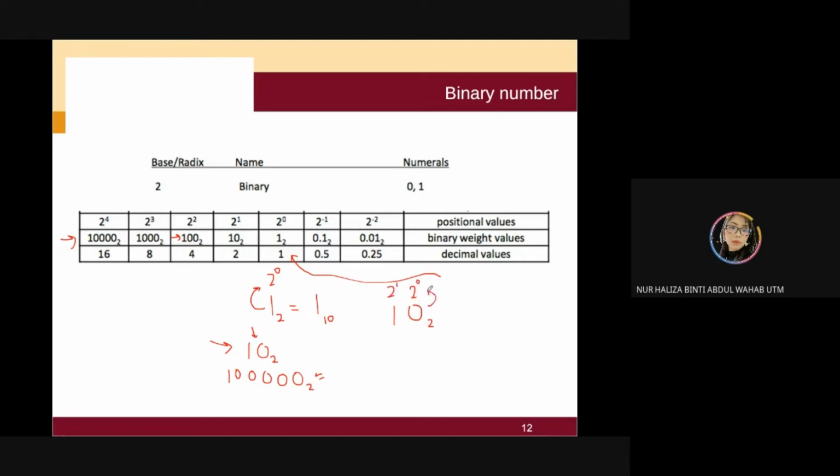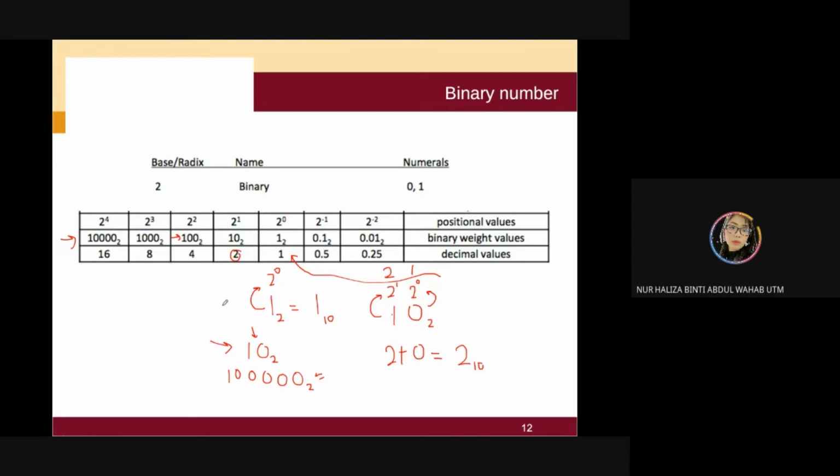I already mentioned it's going to be multiplied with the above. To the power of 1, you will get the value of 2. To the power of 0, you will get the value of 1. 0 times 1, you will get 0. 1 times 2, you will get 2. These two numbers you need to add, and you will get 2 in decimal.